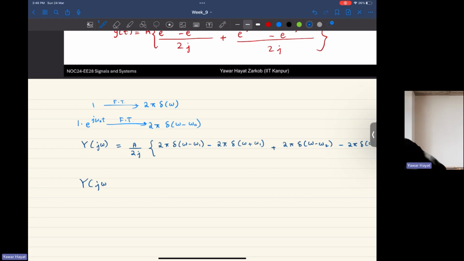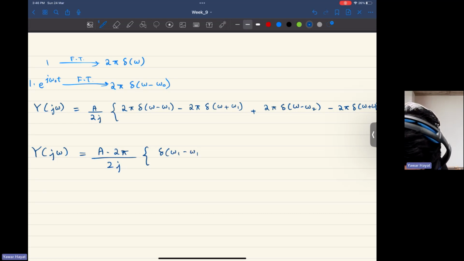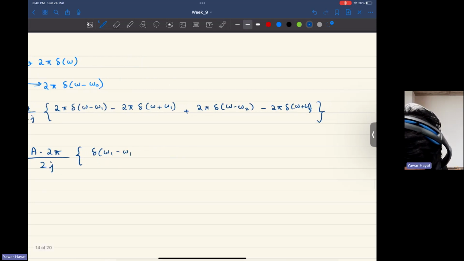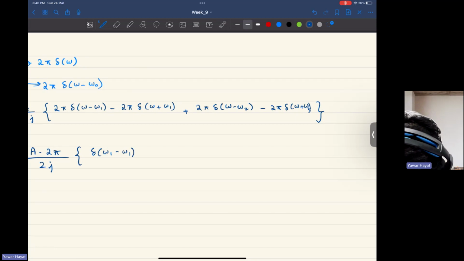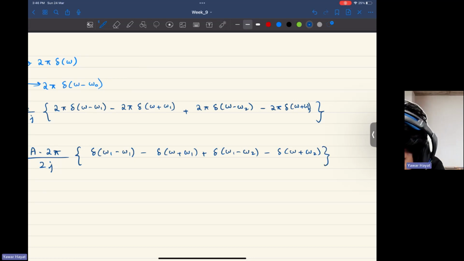Y of j omega would be A 2 pi by 2j times delta of omega minus omega 1 minus delta of omega plus omega 1 plus delta of omega minus omega 2 minus delta of omega plus omega 2. Right?